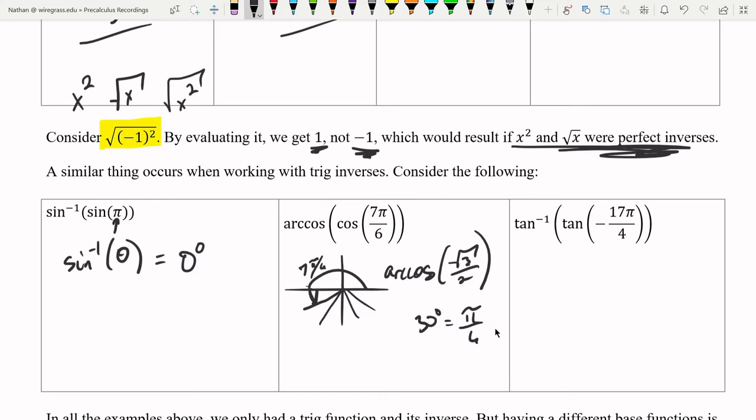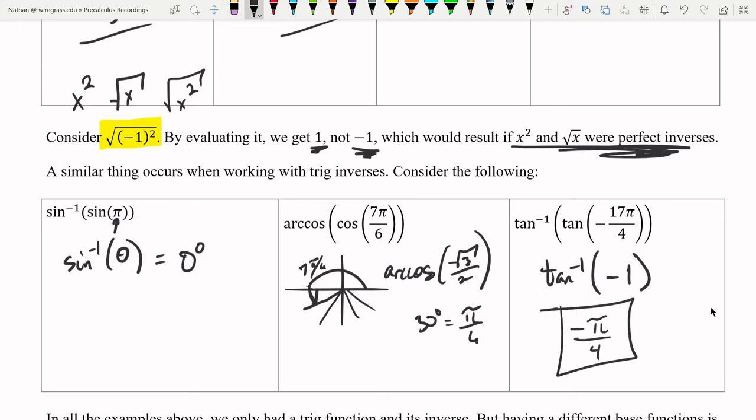Okay, tangent of -17 pi over 4. This is going to be the arctangent of -1. Tangent inverse of -1 is going to give us back negative pi over 4, or the same thing as negative 45 degrees.